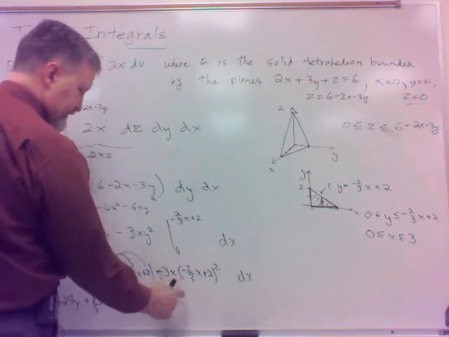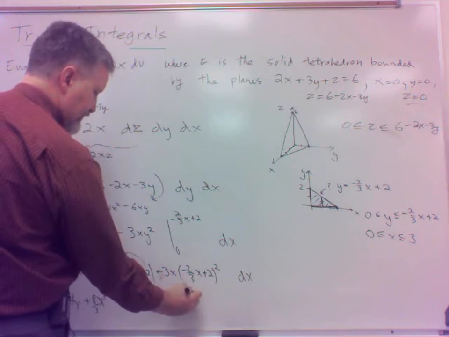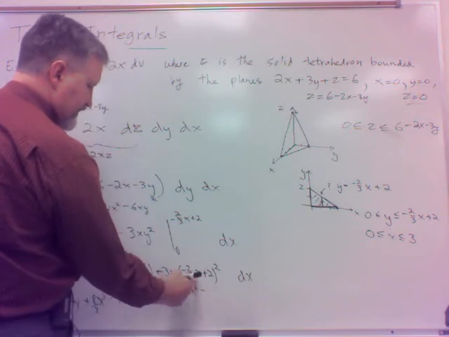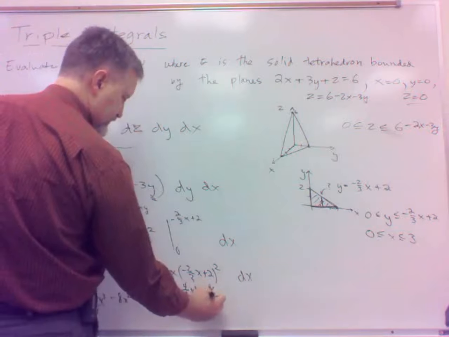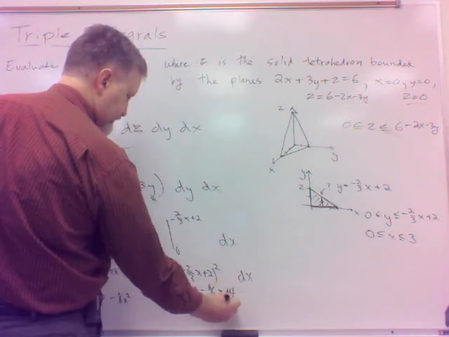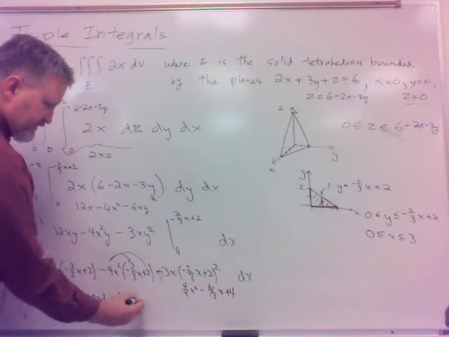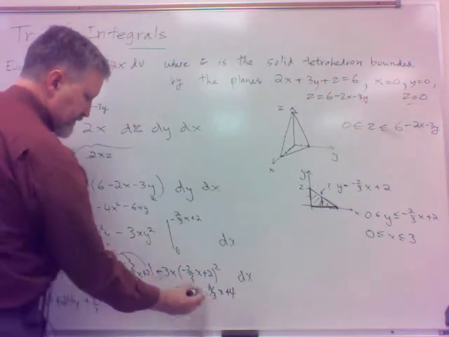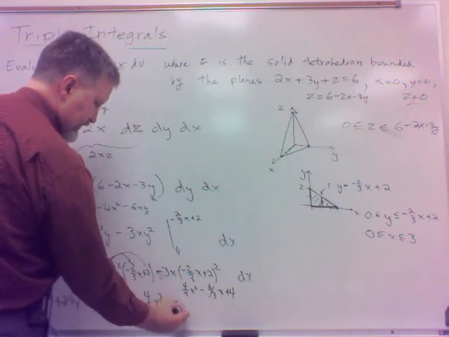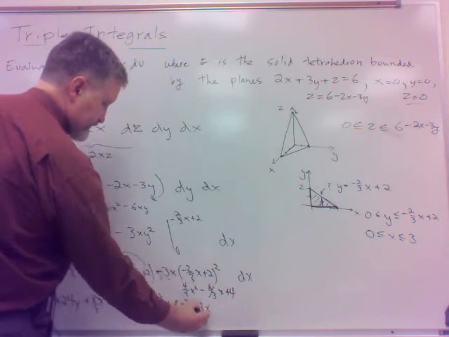Then the funnest last one: that'd be 4/9 x squared minus 8/3 x plus 4, times negative 3x, so it'd be negative 4/3 x cubed plus 8x squared minus 12x.